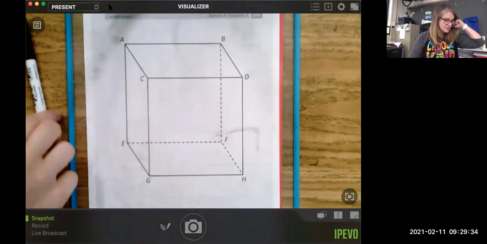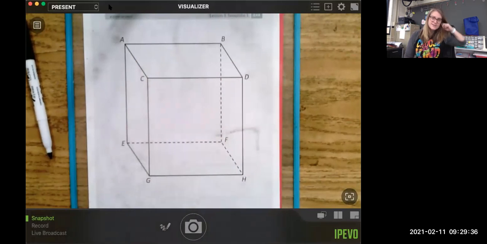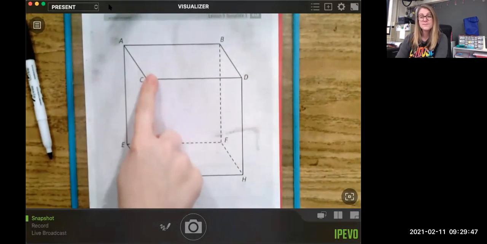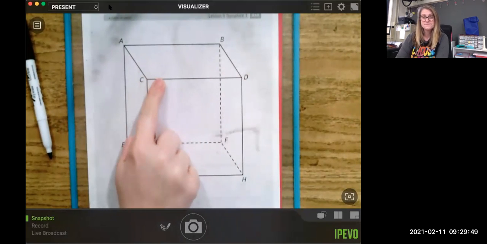Okay, so look at this cube. All of the faces we've already talked about are square, and we know because there are 4 equal sides and 4 right angles.